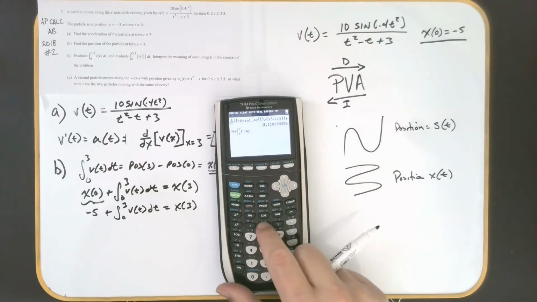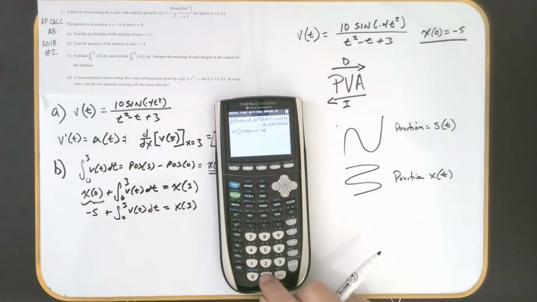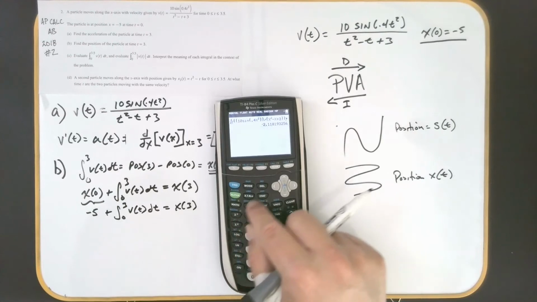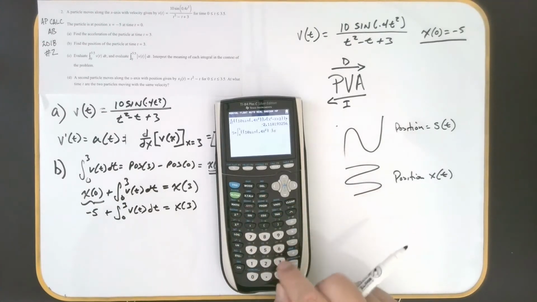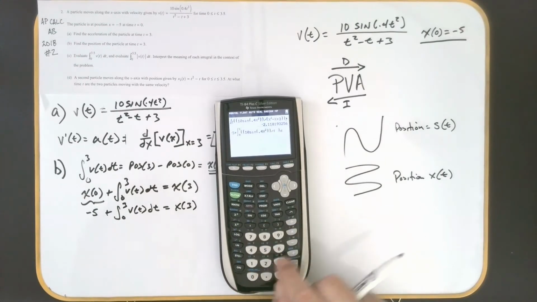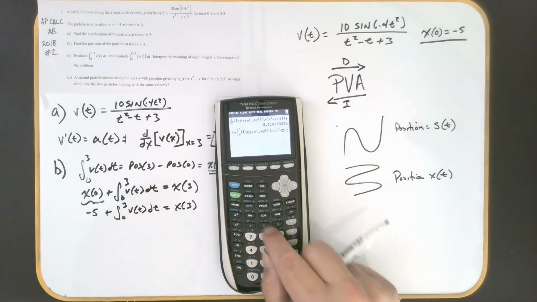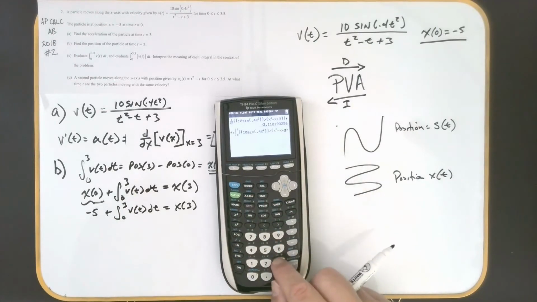So here is my numerator. Parentheses, I've got 10 sine 0.4 of x squared, and that is my numerator. I'm going to close that. I'm going to divide by, and here's my denominator, x squared minus x plus 3.